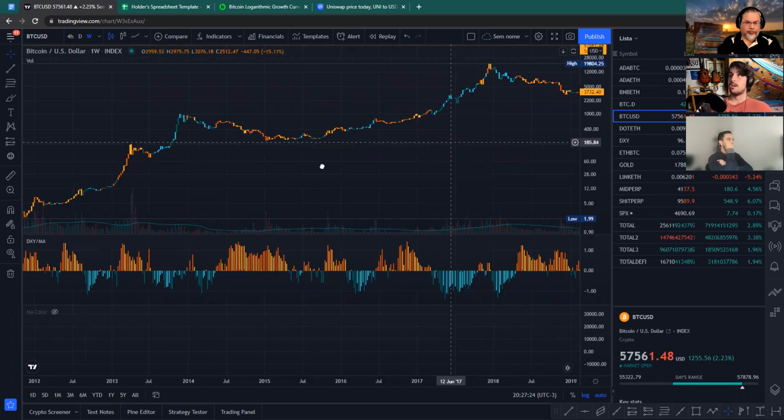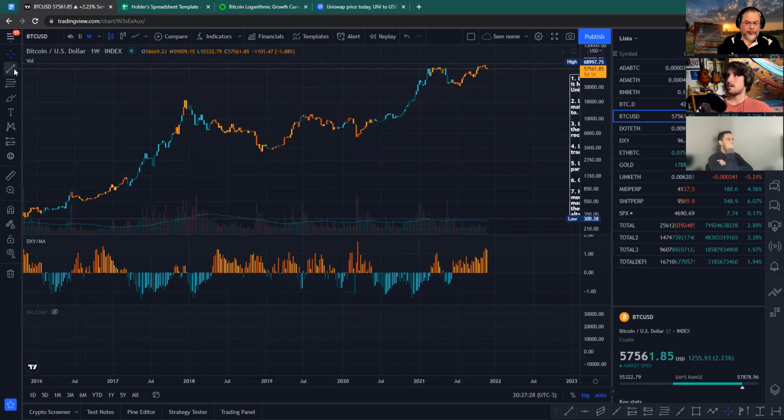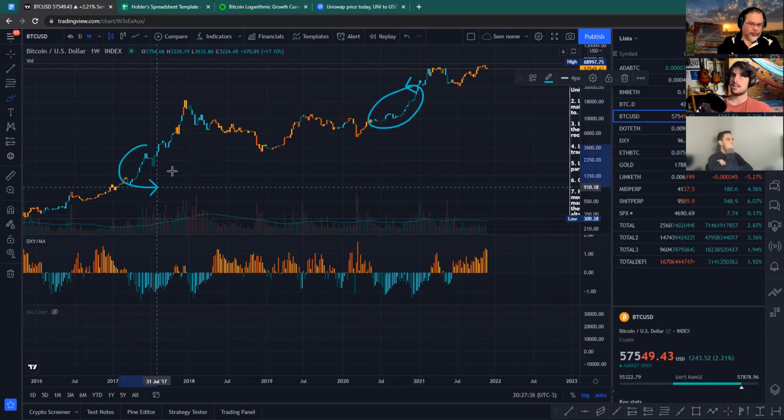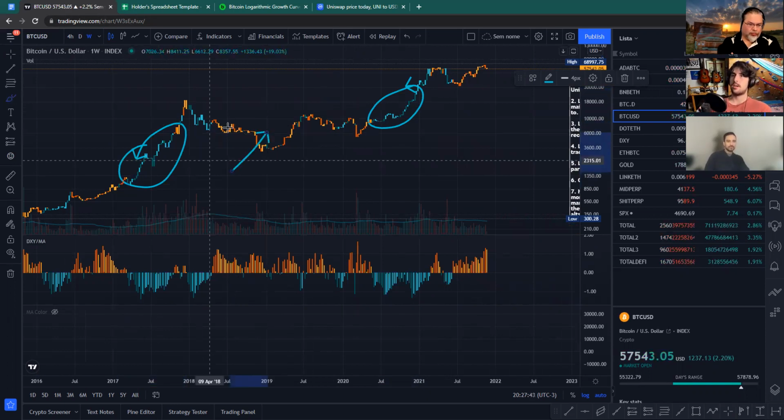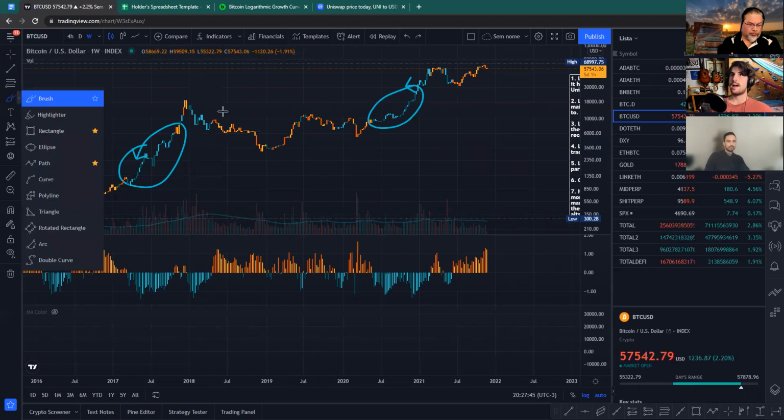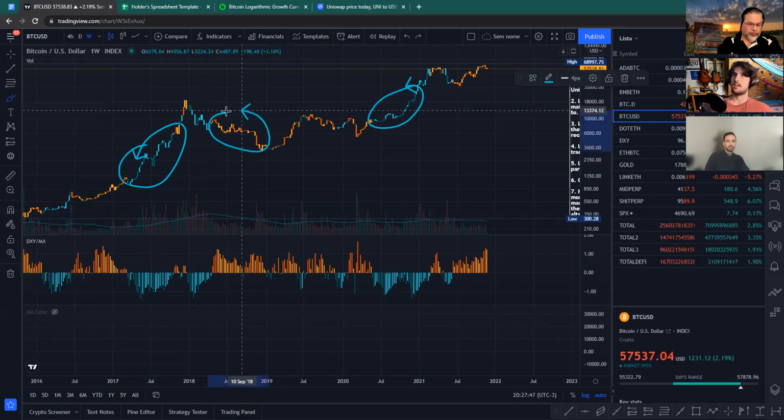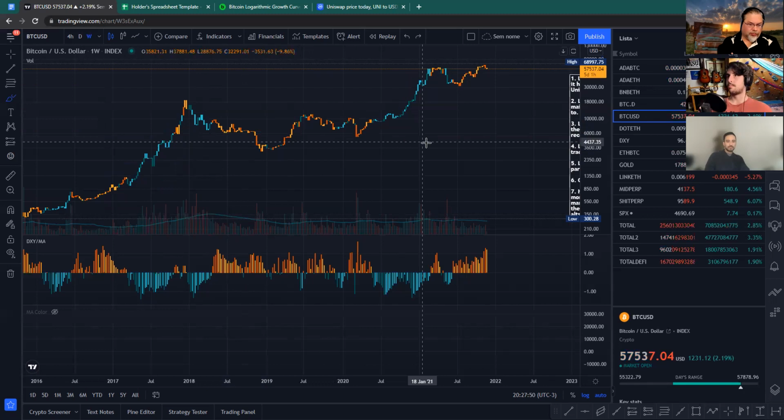So if Bitcoin is already moving up and the dollar starts moving down, then that move up becomes more powerful, as we saw right here and right here, for example. And if Bitcoin is trending down already and the dollar starts trending up, then that move down can also be potentialized.